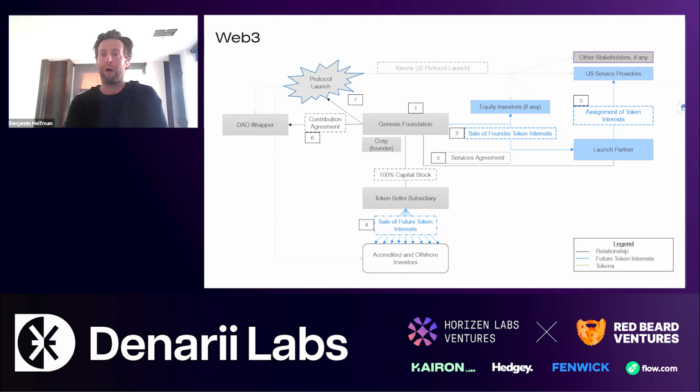Suddenly you have runway to continue the operations for this DAO wrapper for 12 months, 18 months, 24 months, whatever it is. And so it can be a good way to get fiat or stables to the DAO wrapper so that it isn't just sitting on the native token for the project at time of launch. So just one consideration that I wanted to add there.